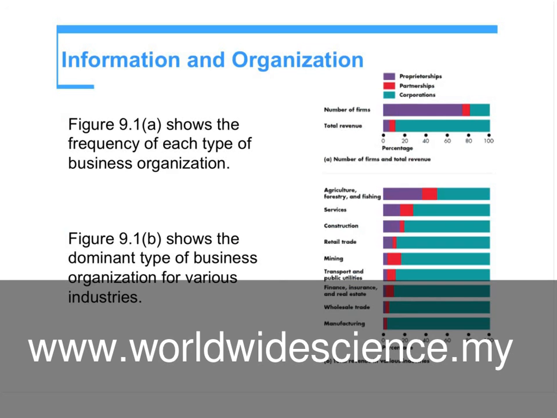But as it comes to other products, particularly manufacturing, corporations are those who make the major money. Proprietorships make a bit more than partnerships in most cases, but the major money comes from corporations. Okay, any questions so far?